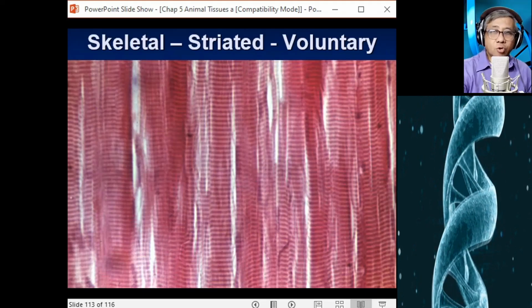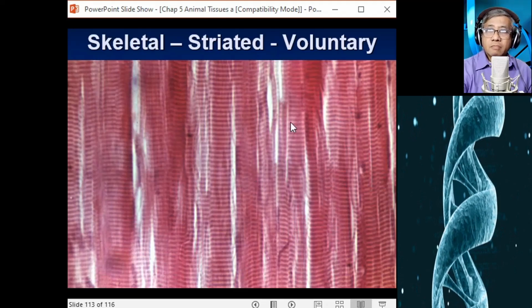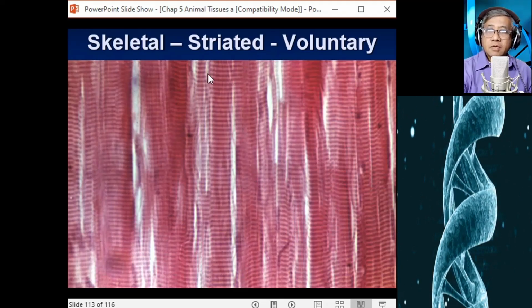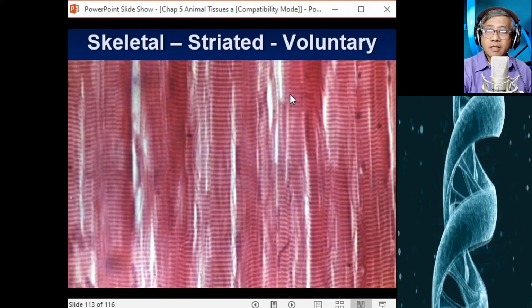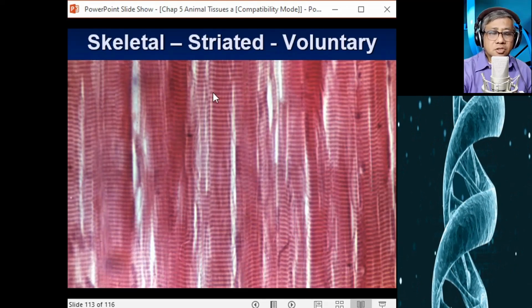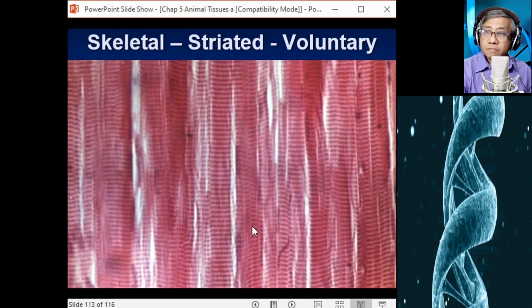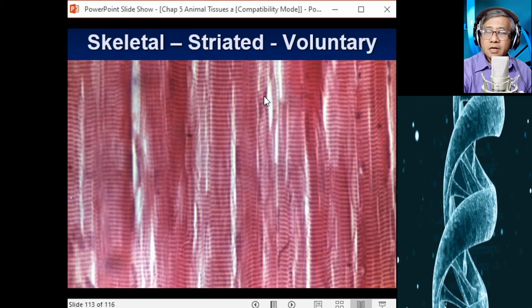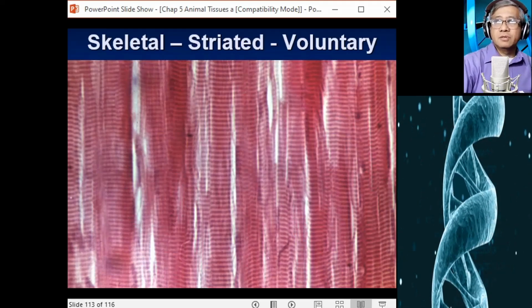It is under conscious control. Striated because under the microscope, the muscle tissue has bands. It is banded in appearance. This muscle tissue has a banded or belted appearance. So may mga stripes or striations under the microscope. Hence the term striated.